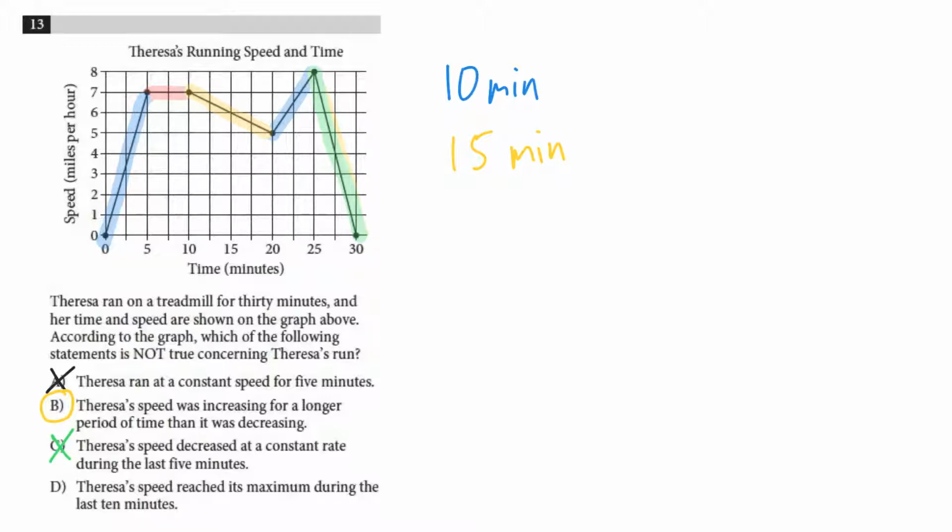So you can't pick that one. And D, Teresa's speed reached its maximum during the last 10 minutes. That is also true. Its maximum speed is right here, and that was at 25 minutes. That was within the last 10 minutes. So D is also true, so it's not our solution.